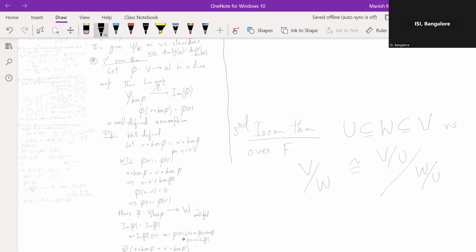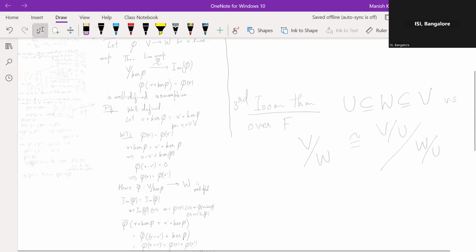So what this theorem says is that V mod W is isomorphic to V mod U mod W mod U, yeah?